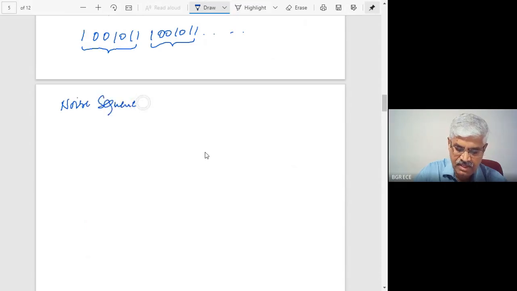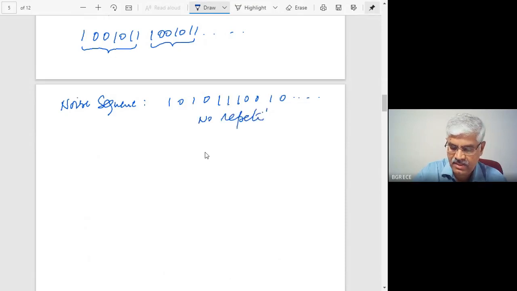If you take a noise sequence, it could be something like 1 0 0 1 1 1 1 0 1 1, some 1 1 1 0 0 1 0, something like that. Randomly it is changing. A noise sequence will never repeat. There is no repetition.